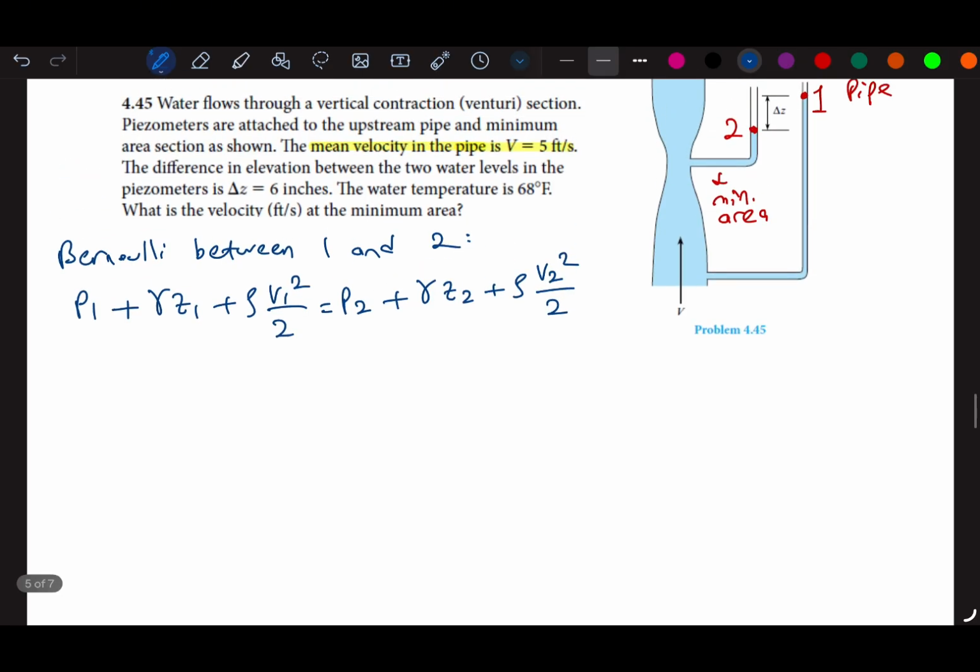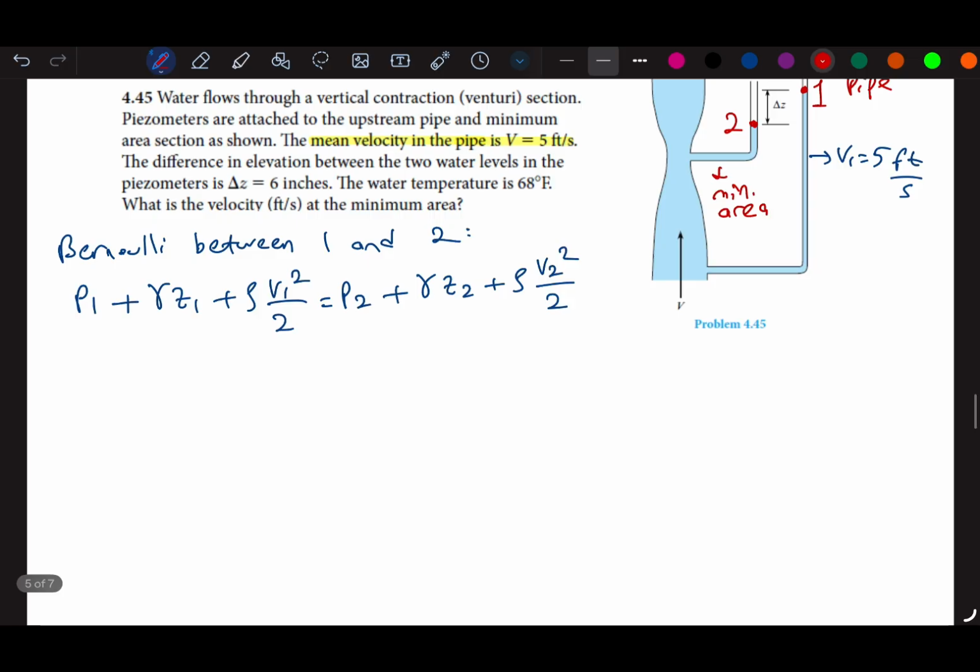And from the problem we can see that the velocity in this pipe is 5 feet per second.